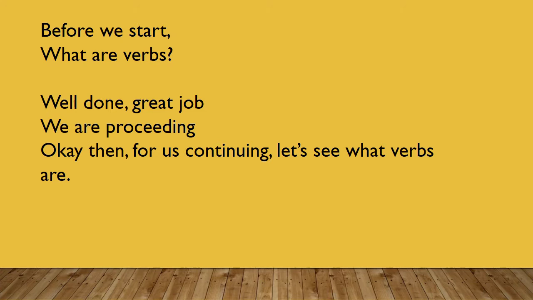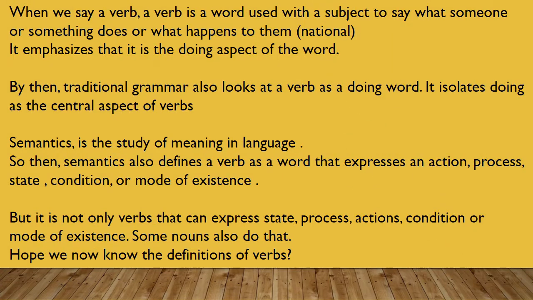For us continuing, let's see what verbs are. When we say a verb is a word used with a subject to say what someone or something does or what happens to them, that's notional.